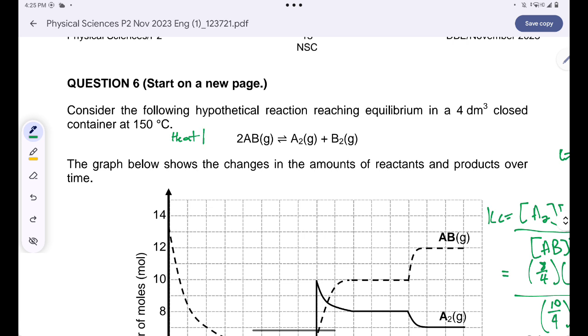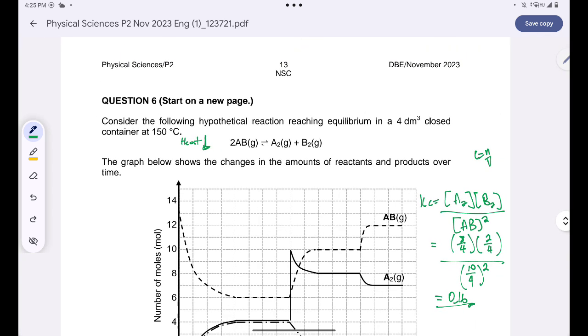So whenever you decrease the temperature, the system will try by all means to counteract the change, by making sure that it tries to increase the temperature. How so? By favoring the reverse reaction. Whenever they favor the reverse reaction, they will decrease here, decrease there, but this will increase.